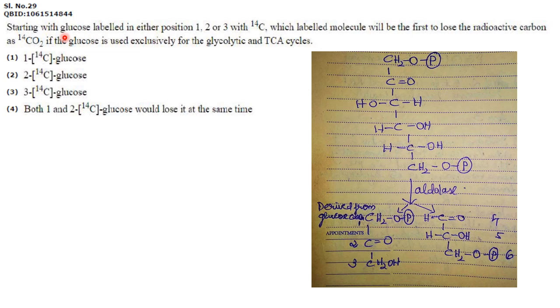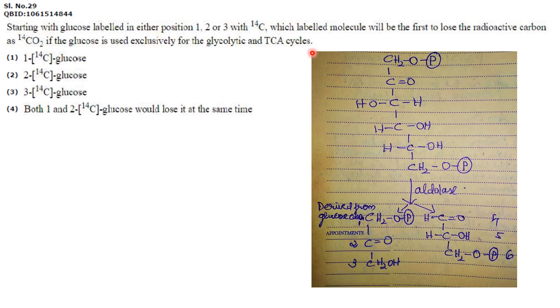Then starting with glucose labeled in either position 1, 2 or 3 with carbon 14, which labeled molecule will be the first to lose the radioactive carbon as carbon dioxide, C14 carbon dioxide, if the glucose is exclusively for the glycolytic and TCA cycles.